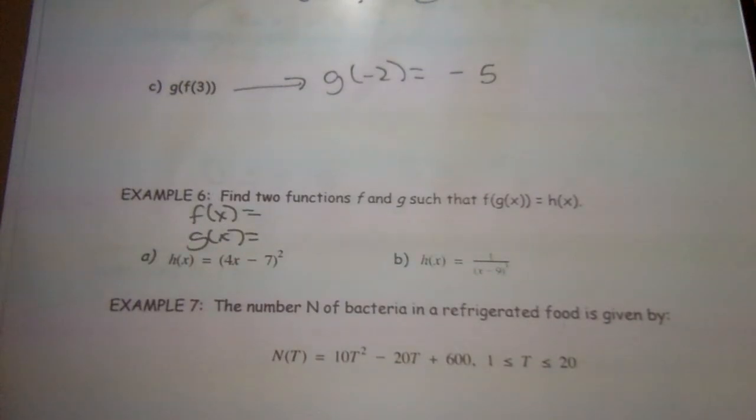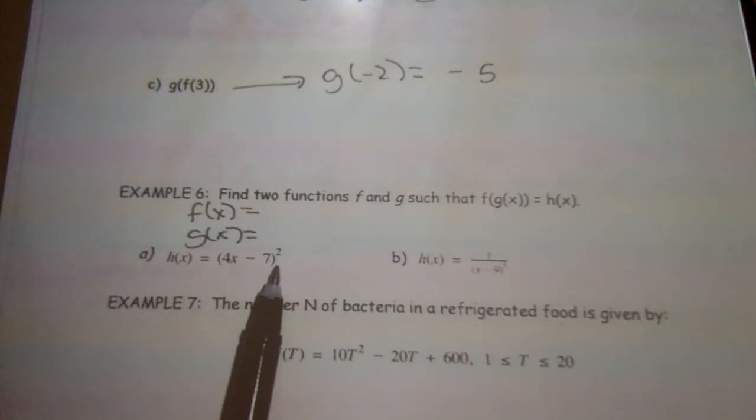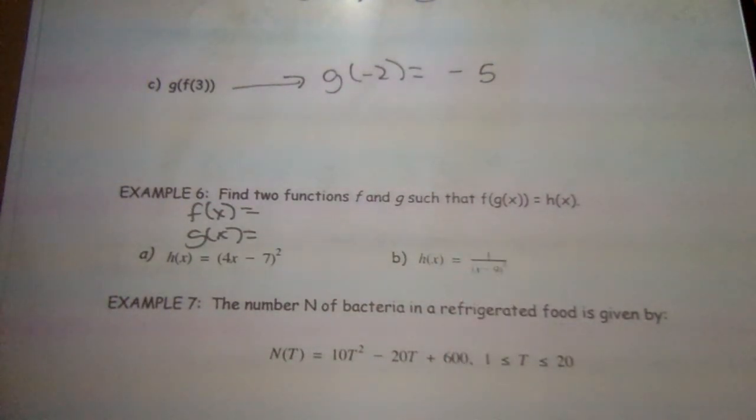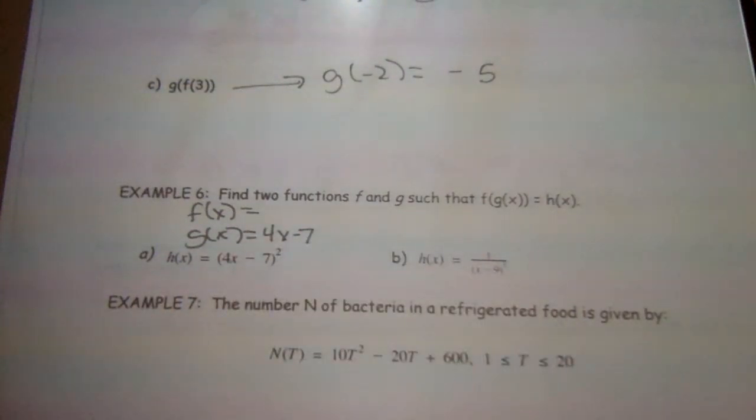So what do you see here? You see 4x minus 7 squared. What do you think g of x is going to be? 4x minus 7, which means f of x will be x squared.